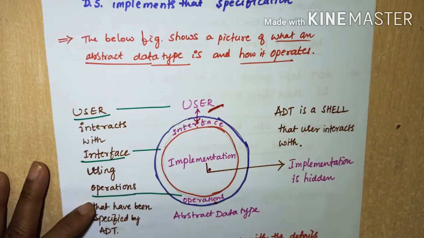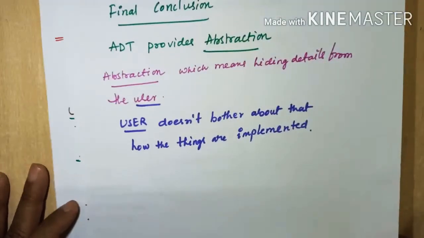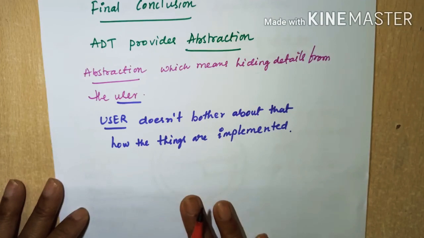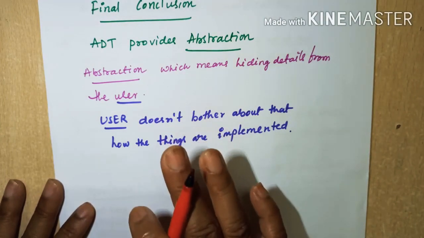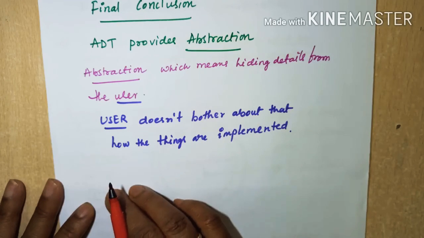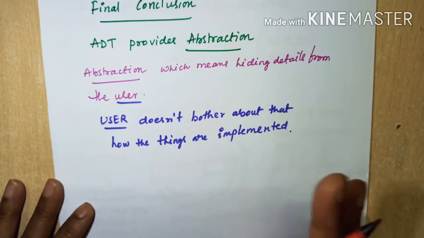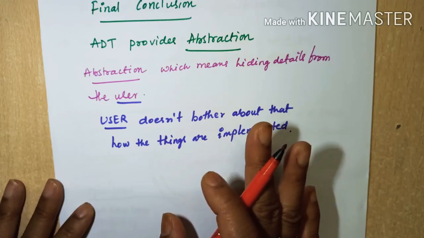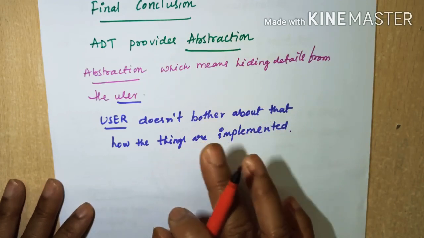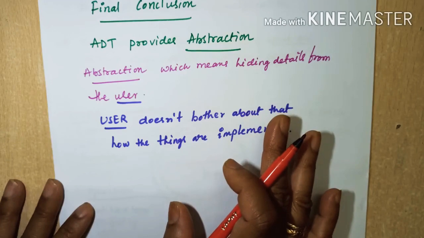So finally, a conclusion that ADT provides abstraction. Abstraction means hiding the details from the user. So the user doesn't bother about how things are implemented. The user works with the set of operations only.